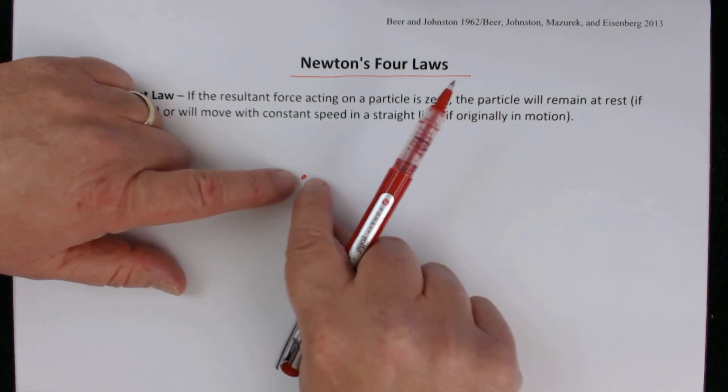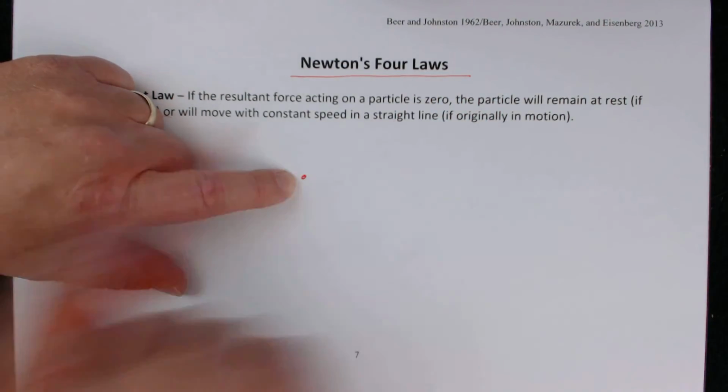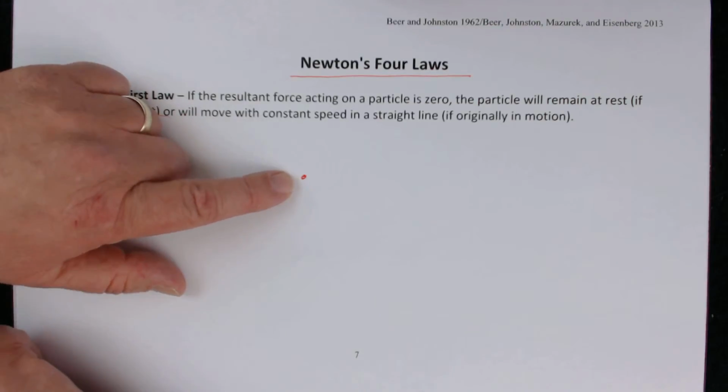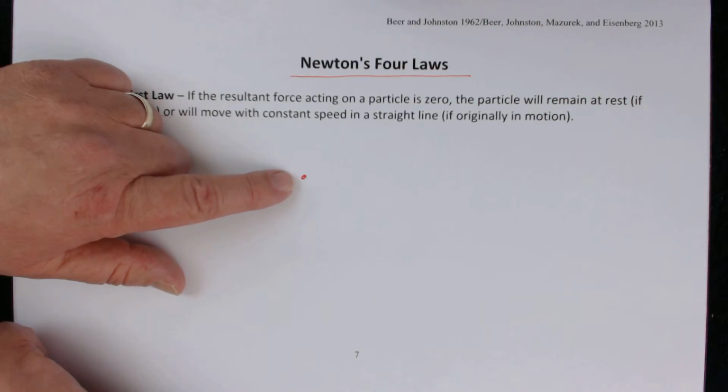And what I'm telling you is, if this guy is sitting still, how would we know if it was at rest? See, that's the $64 question. How would we know the particle is at rest? Well, the only way we could know that is if we had a reference frame that was not accelerating. And we've already been over this. Where do you go to find a non-accelerating reference frame?